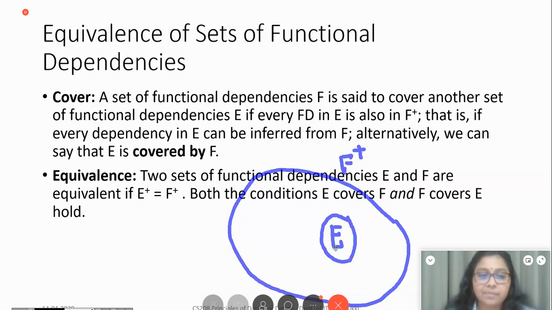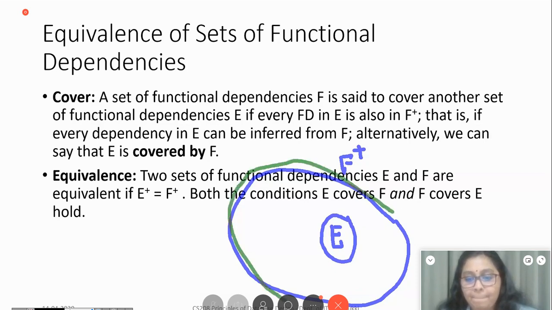Now we define another term called equivalence of functional dependencies. Now we consider the closure of E as well. Here we had taken the closure of F. Now I also consider the closure of E, which I denote by E plus.